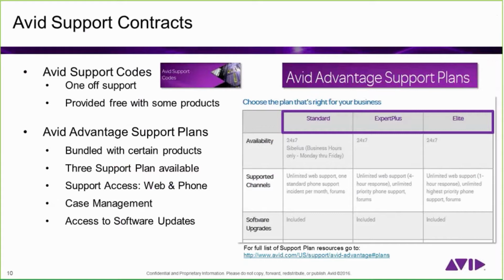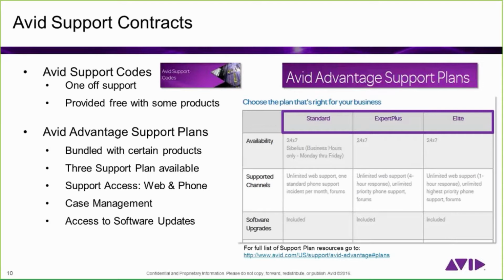They're a way of providing a single support case or a single support incident. And historically, they've been provided free of charge with some of our products. There's been limitations on them, a single support case, only valid for 90 days, that kind of thing, when they're provided free of charge. It varies depending on what product they've been supplied with.